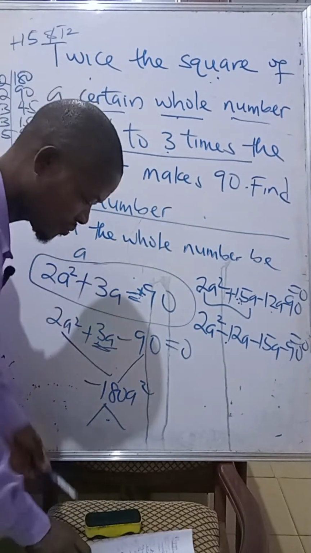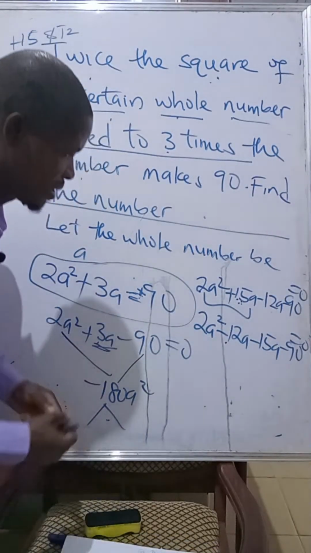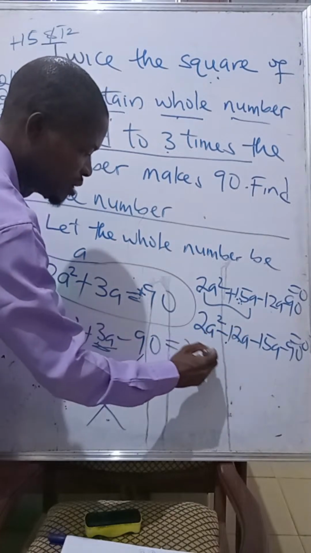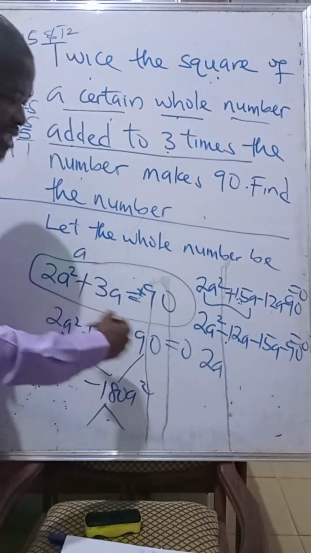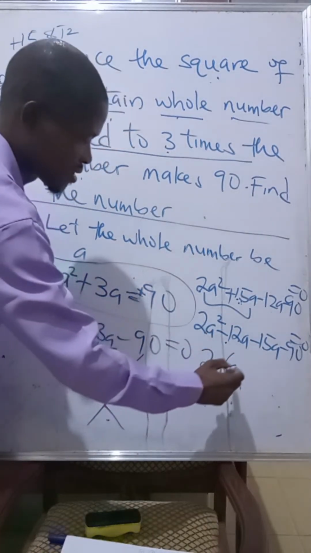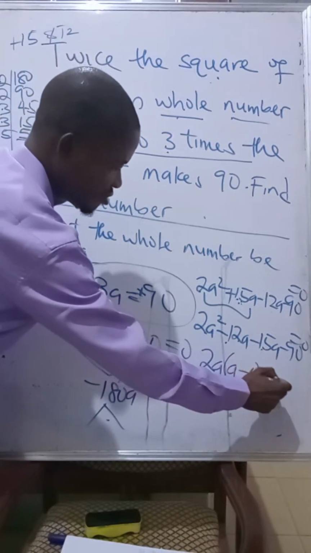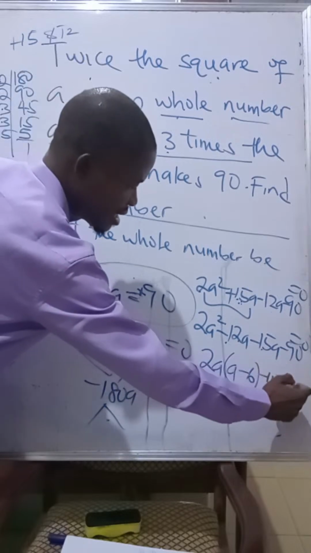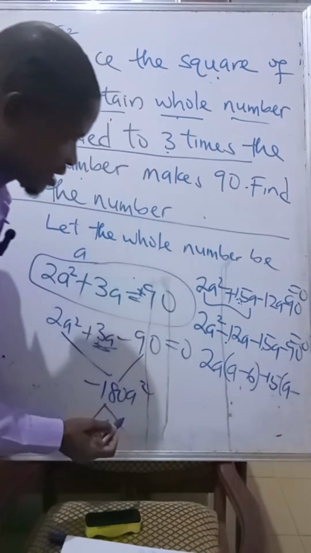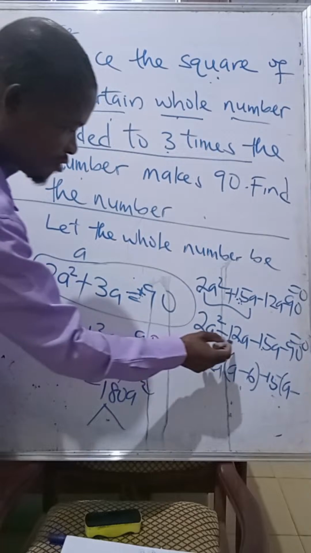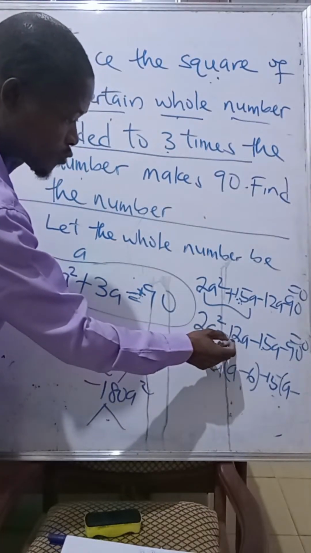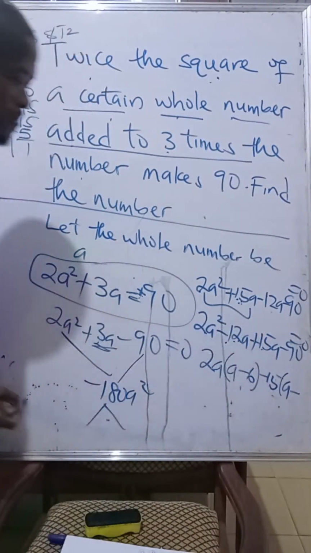Okay. So then we can pair this one and this one together. 2 is common. That will be 2a. Take it out, then we have a minus 6. Here 15 is common, and that will be a plus what? This is minus 12a, this is a plus 15.